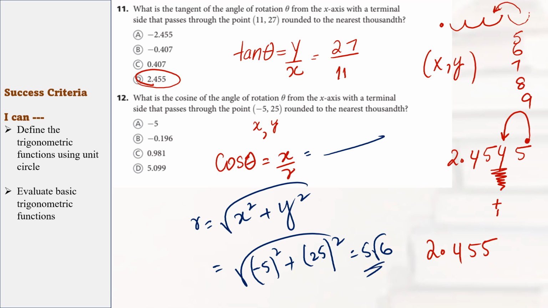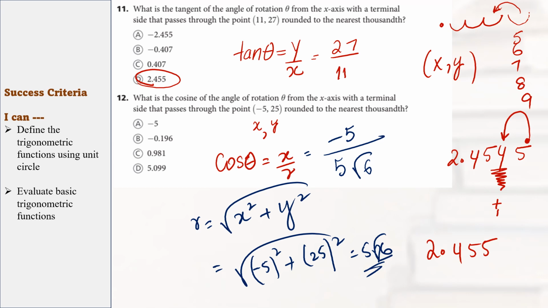Okay, so x is -5 and r is 5 square root of 26. Now write it in the calculator.